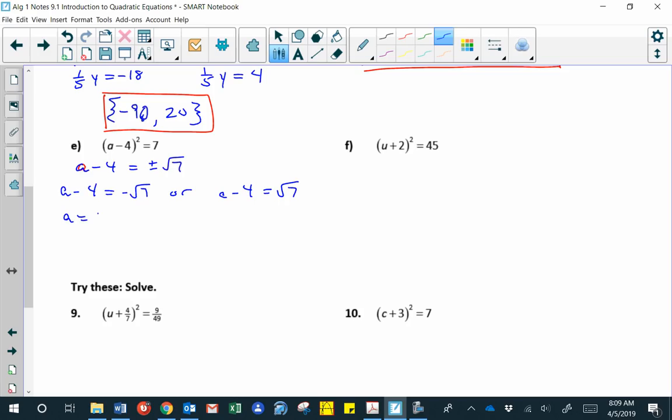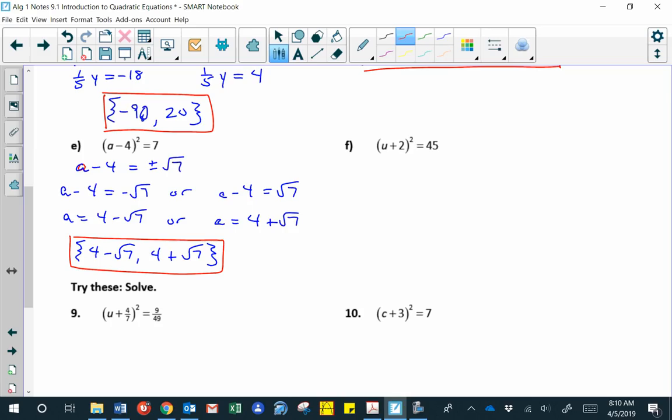And add 4 to both sides. We get two solutions, 4 minus the square root of 7 and 4 plus the square root of 7. Notice that those solutions cannot be simplified because we can't add the unlike terms.